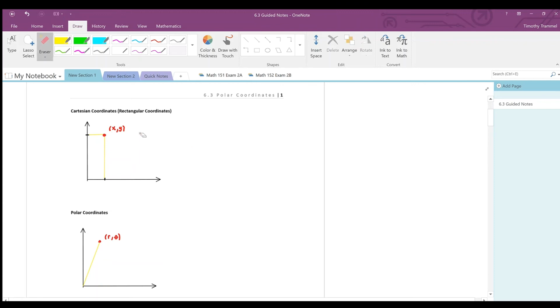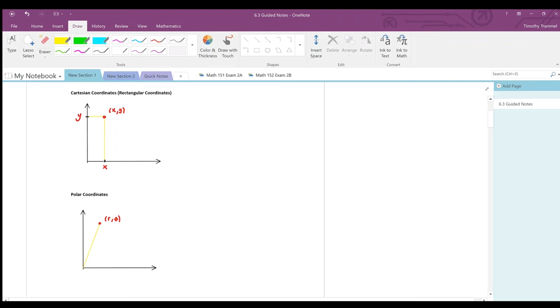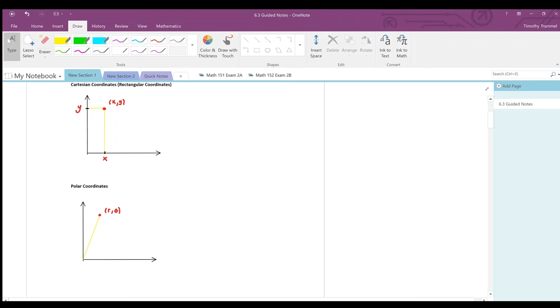All x comma y means is that we went over x units in the horizontal direction, and we went up or down y units in the vertical direction. Now, if we're in polar coordinates, what's the difference? The difference is that when we describe a point, we're not describing how far we're going in the x and the y direction.